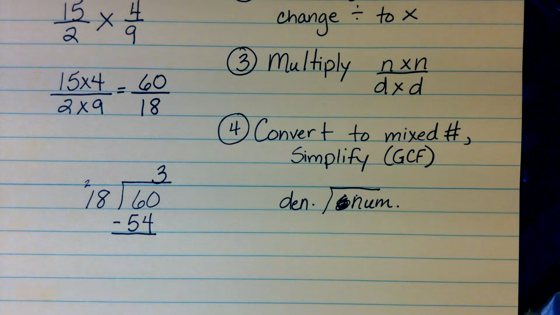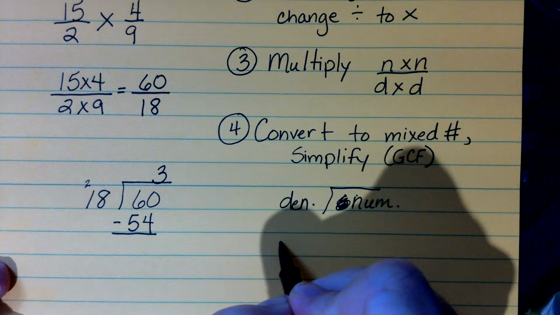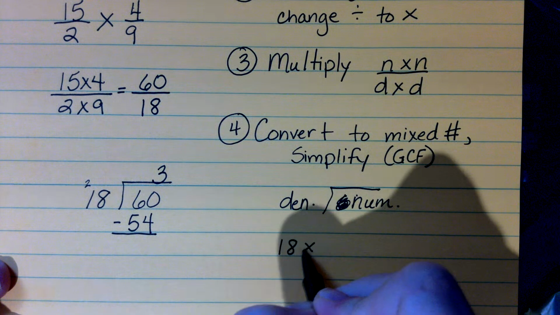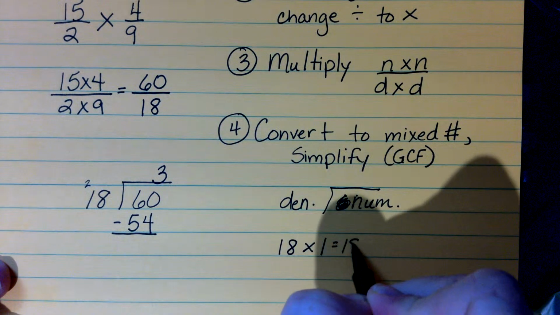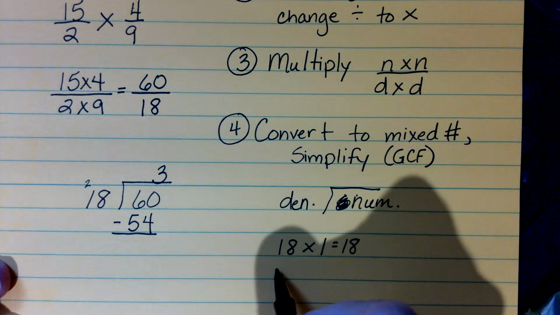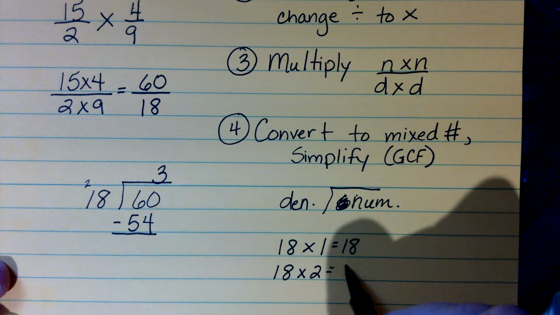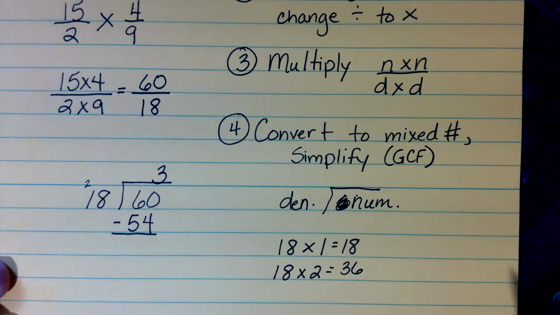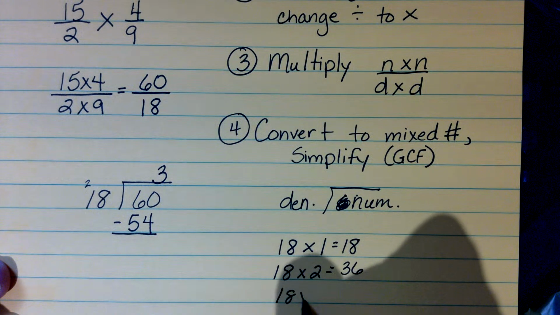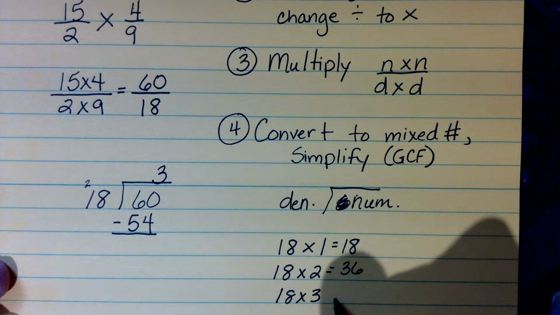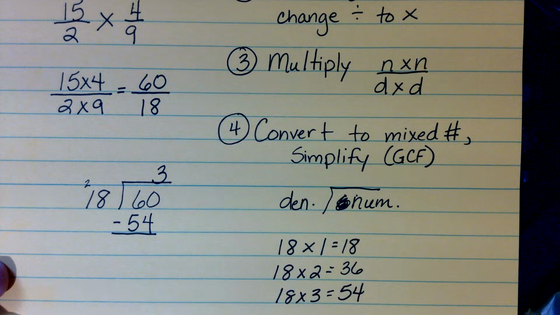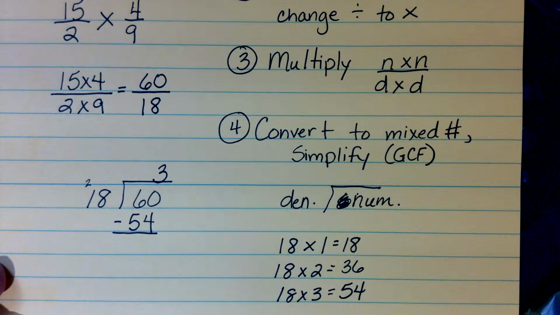If you can't, remember that you can always come over here to the side and write, 18 times 1 equals 18. Then you can add 18 to that and say 18 times 2 equals 36. 18 times 3, you're going to add 18 to that, is 54. You do your math the way that is best for you.